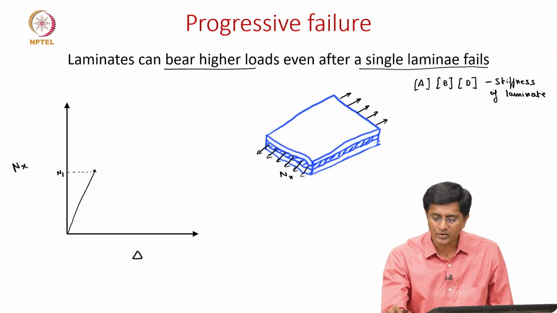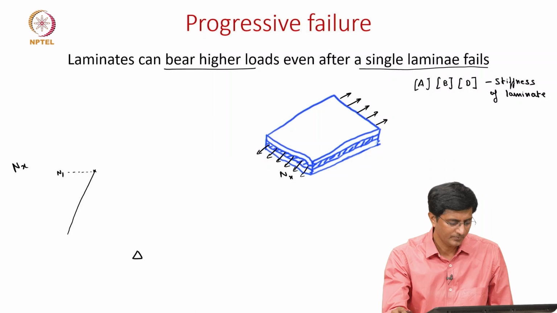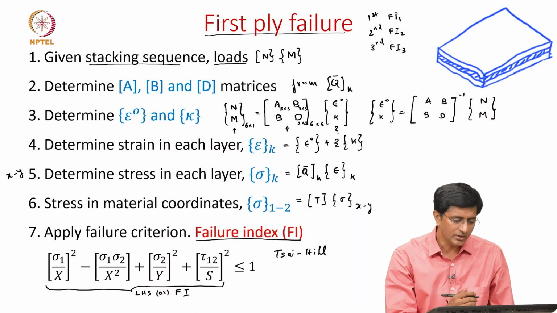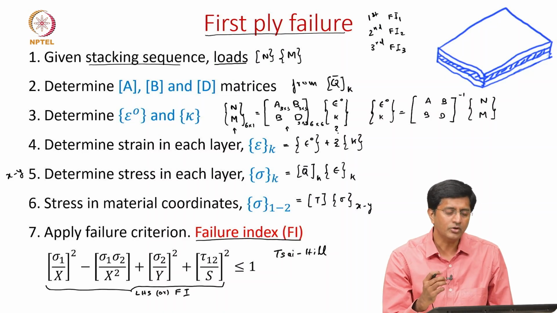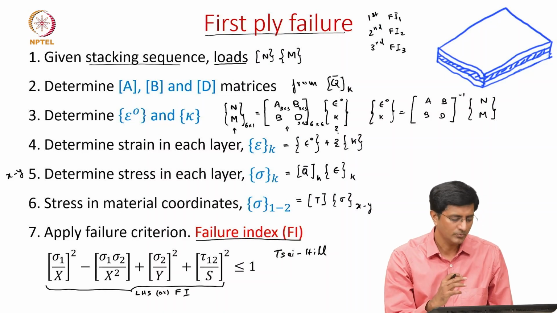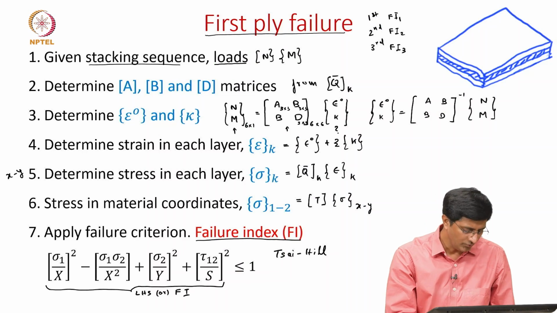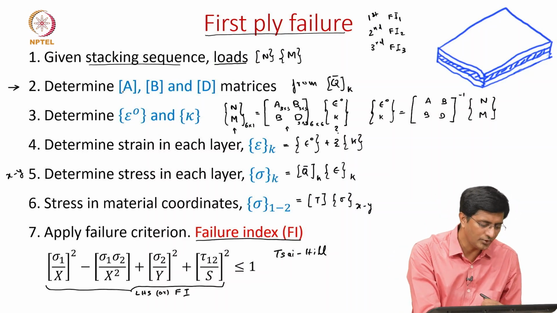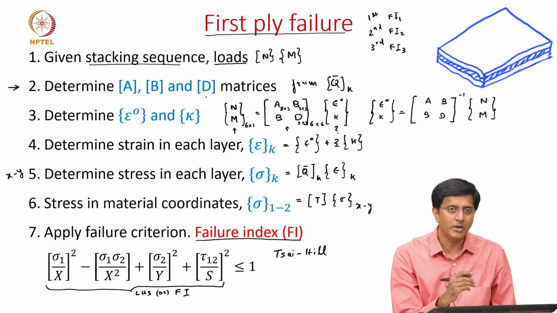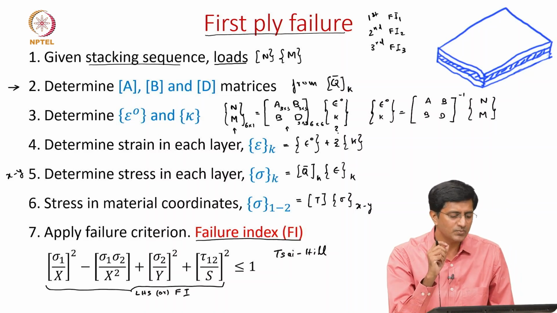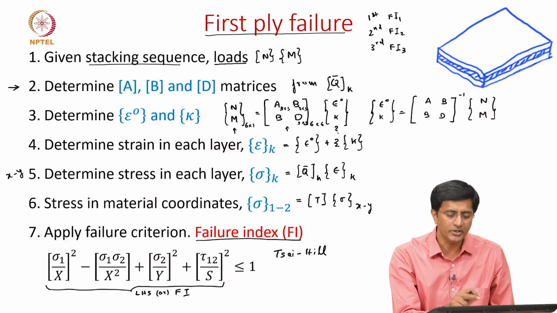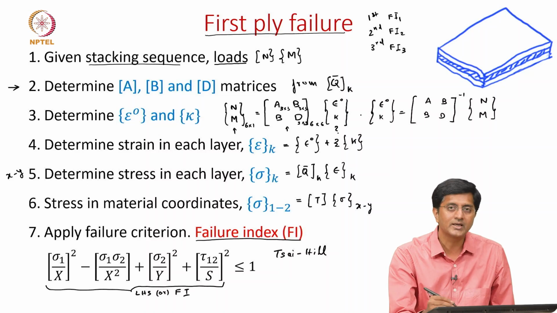If we go back to the previous slide, after the first ply failure, how do we approach the problem? We need to go back to step 2, where we find the ABD matrices. But now that one of the layers is missing, how do we update these ABD matrices? Let's say the kth layer is the one which has failed.